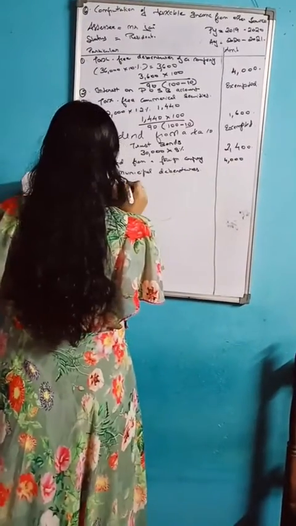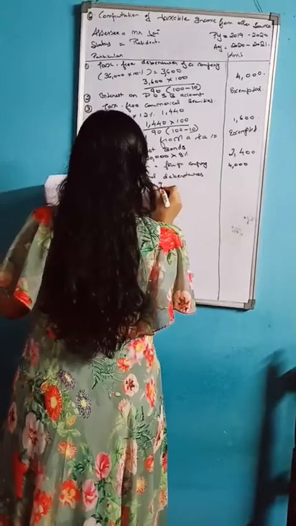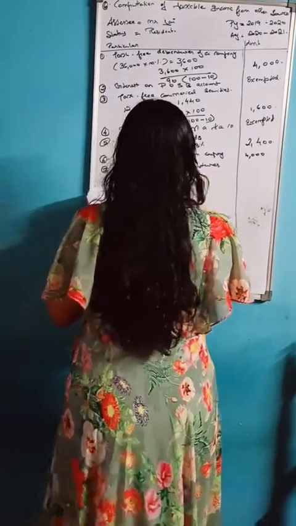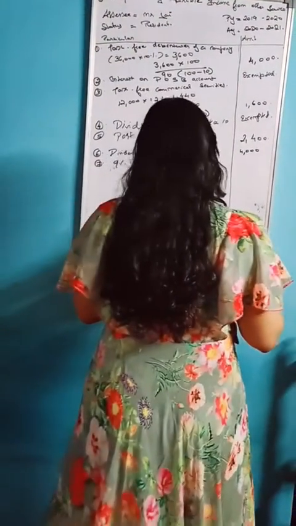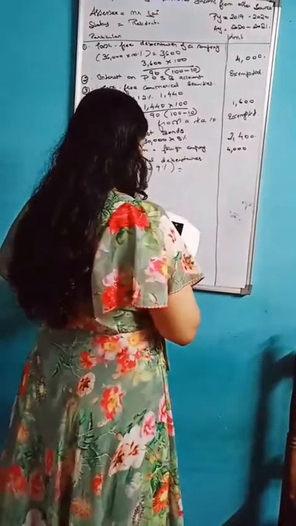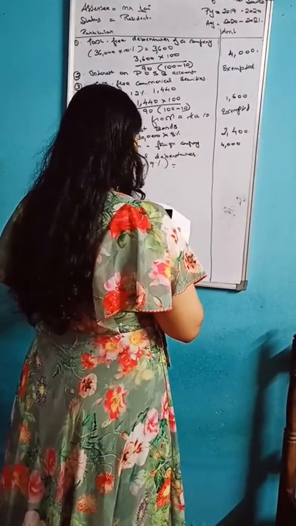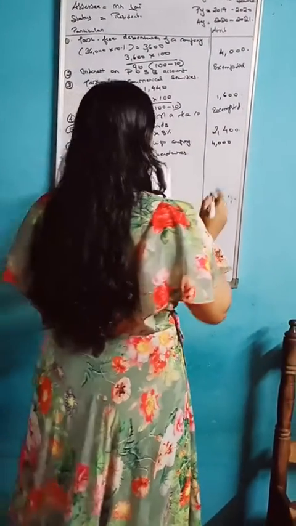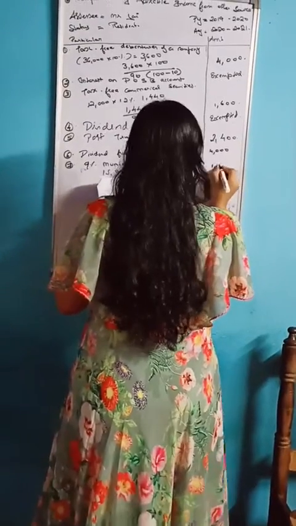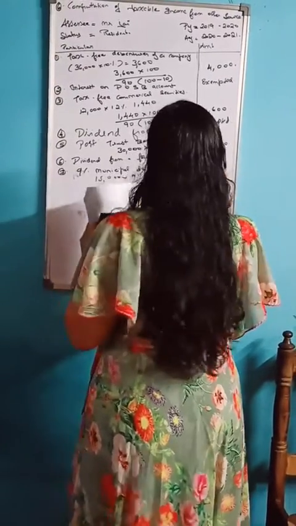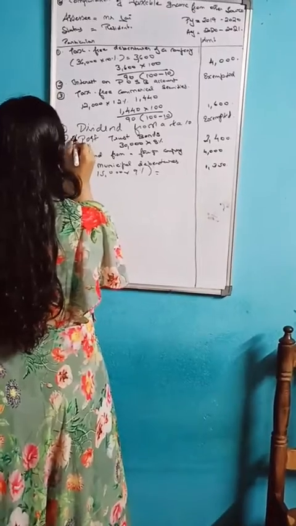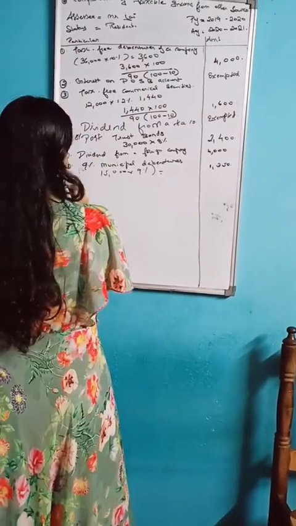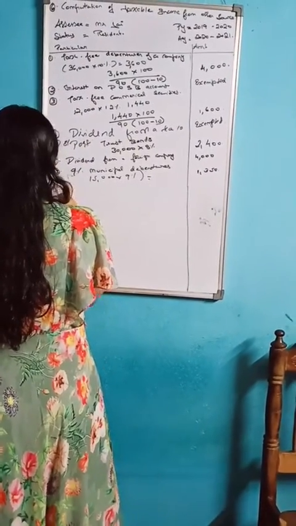That is 15,000 into 9%. How much will you get? 15,000 into 9%, you will get 1,350. Okay. 1,350 you will get.